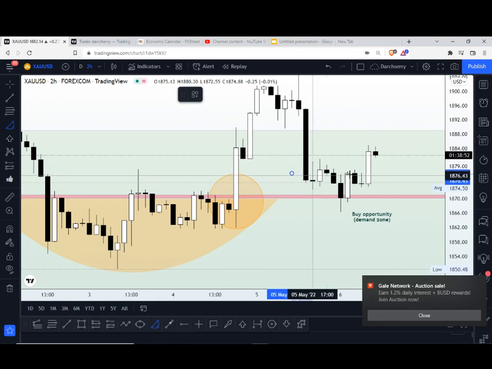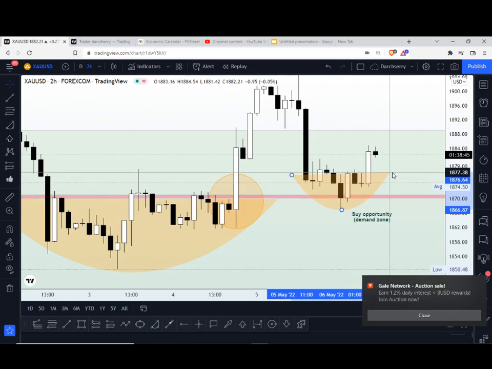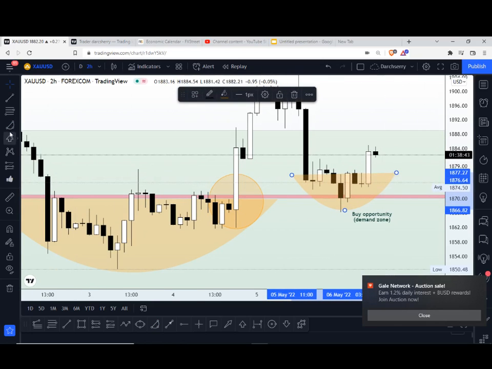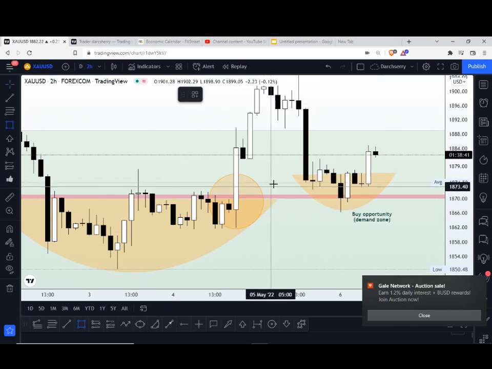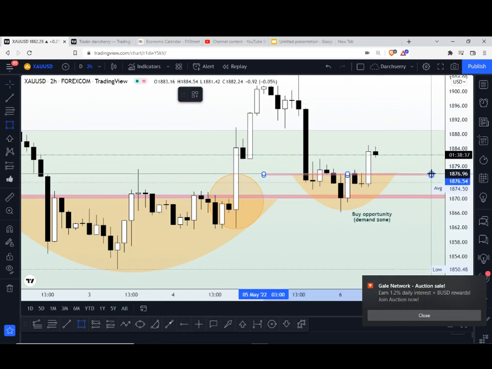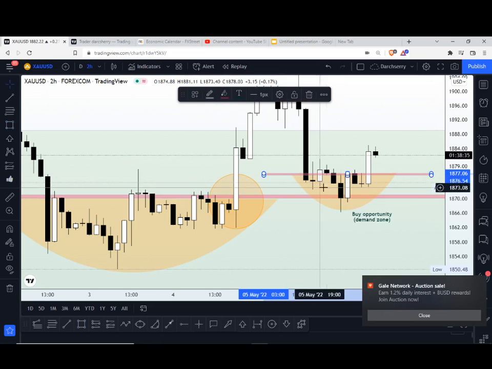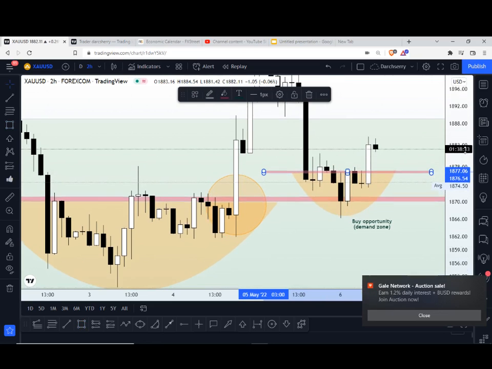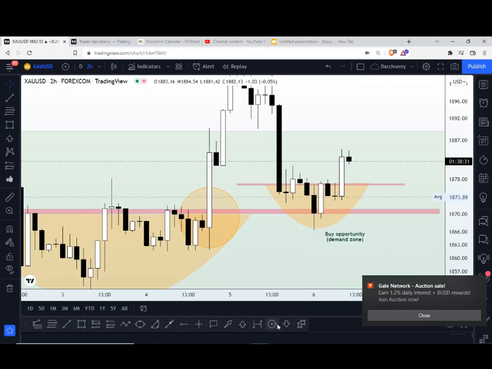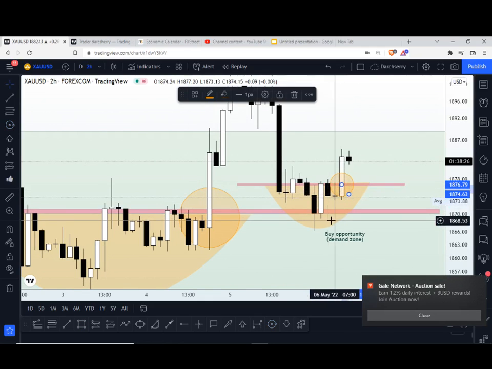So what this means here is this: we have a reversal setup already formed at this point. You can see we have a reversal setup formed at this point as well, and then we have our neckline right at the top of 1875. We have a neckline here, and then we already witnessed the breakout this morning, which is also a signal.